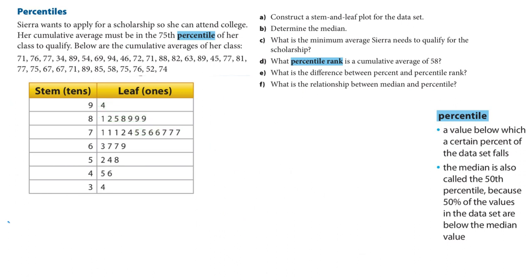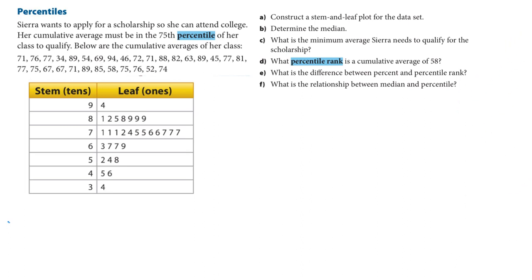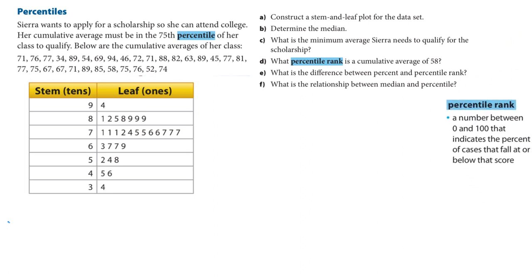So part D asks, what is the percentile rank if the cumulative average is 58? So basically, what percentile are you at if you have a 58? Percentile rank is the number between 1 and 100 that indicates the percent of cases that fall below the score. So we're looking for the percent for our student here that has 58.